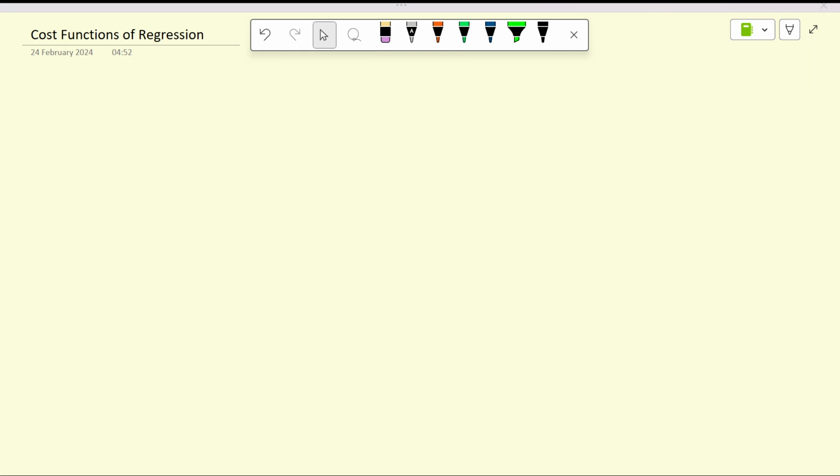Today we try to discuss a very fundamental topic. As you know, we generally discuss fundamental and very basic topics in machine learning, and today's lecture follows the same line. Our topic will be the cost function of regression.